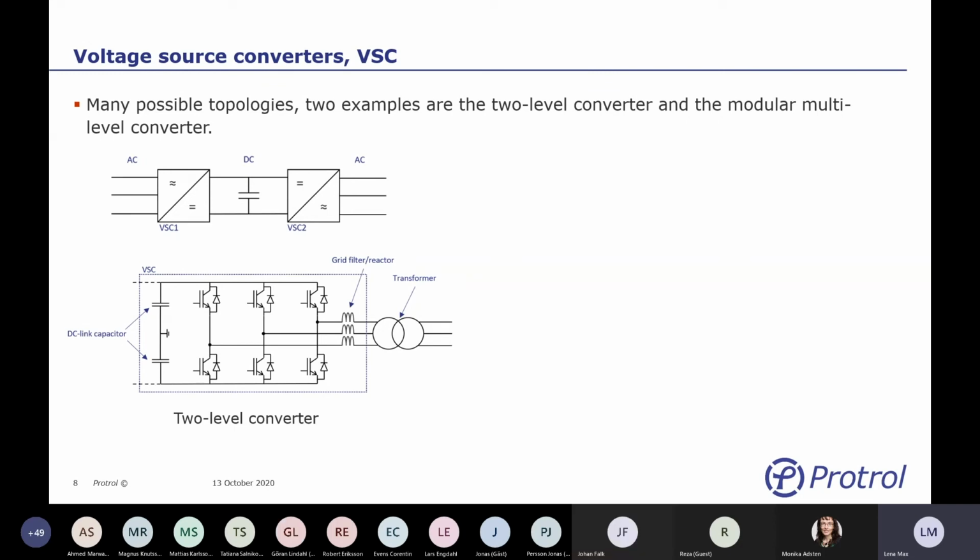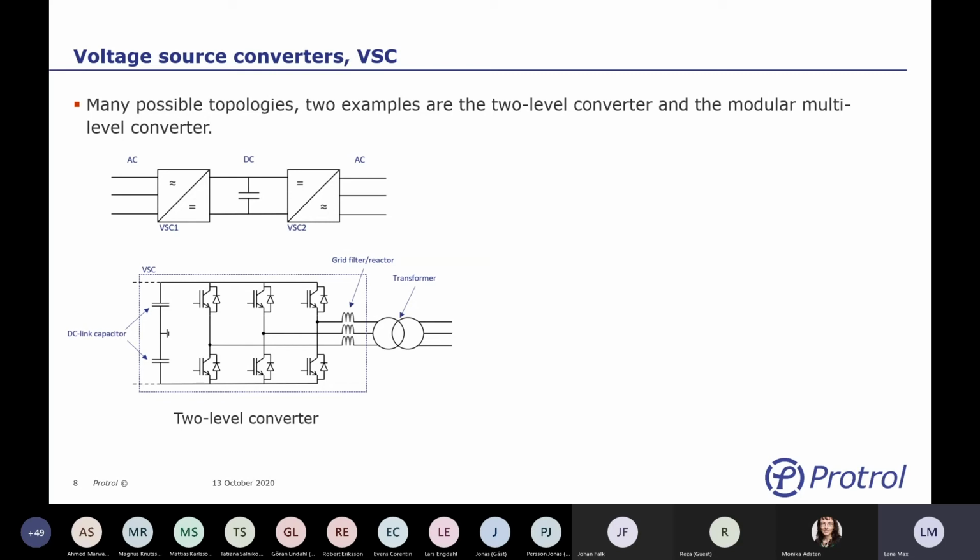And the aim of the converter is to form these AC voltages as given in the reference from the converter controller. And this two-level converter is a quite simple topology. It's very common for smaller converters, and it can be used for smaller wind turbine converters.